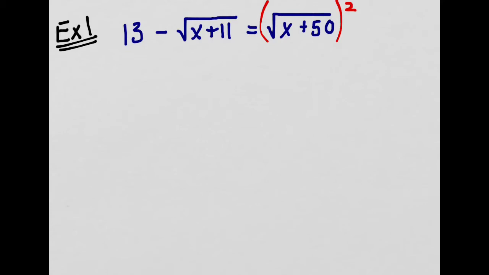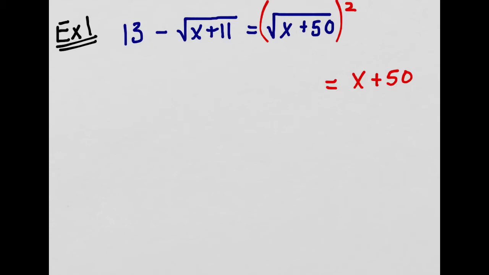Now, what that does for me is knock out the radical on the right-hand side. So squaring the square root knocks it out. So that gives me, on the right-hand side, a very nice looking x plus 50. Now that gets rid of the radical on the right. This part's gone. It became the x plus 50.